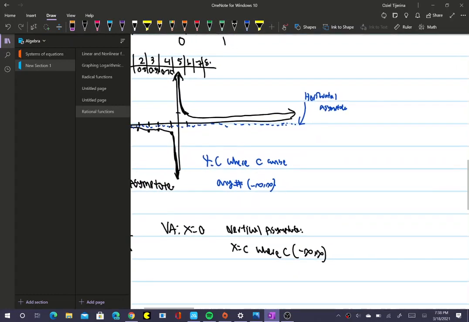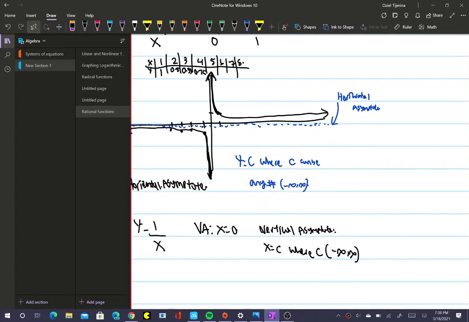In the next video, we're going to go more in depth with how to find these algebraically versus graphically. There are special rules for finding horizontal and vertical asymptotes, especially horizontal asymptotes.